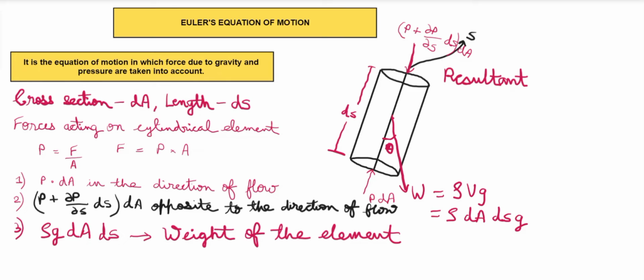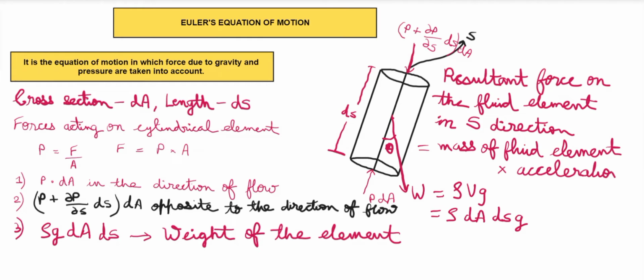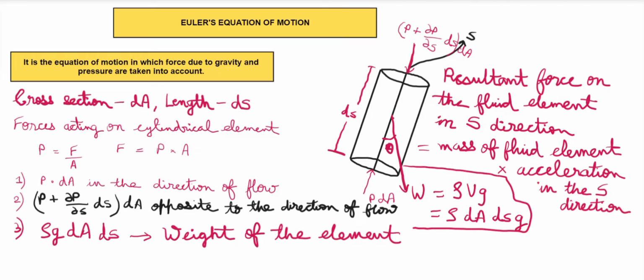Then we'll find the resultant force on the fluid element in the S direction, and that will be equal to mass of the fluid element into acceleration in the S direction. Now acceleration we'll denote as a_s, and mass will be rho dA ds.